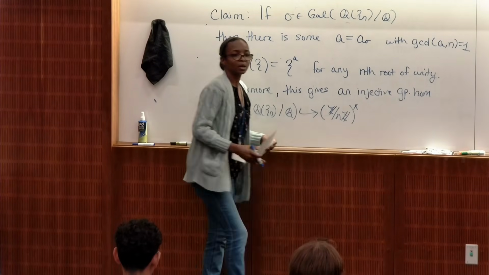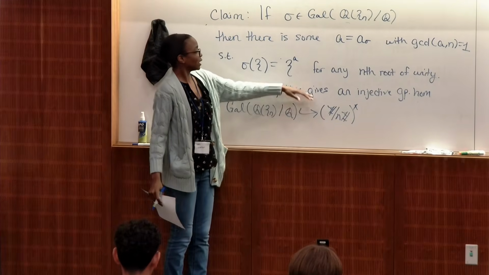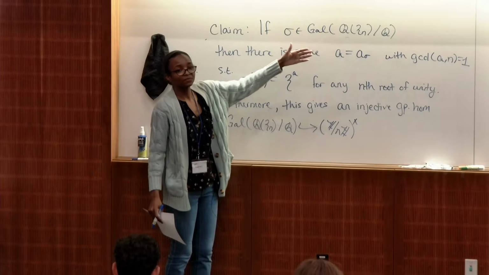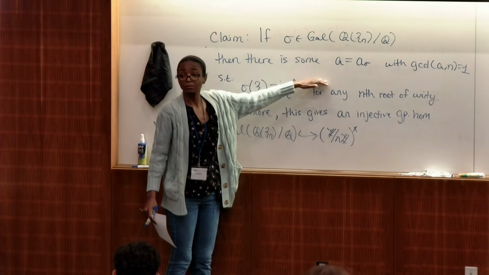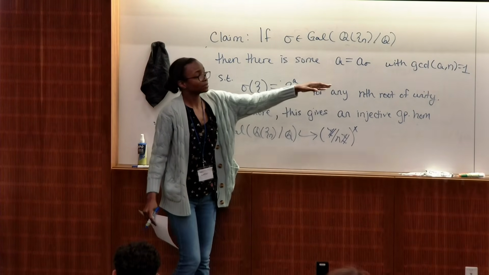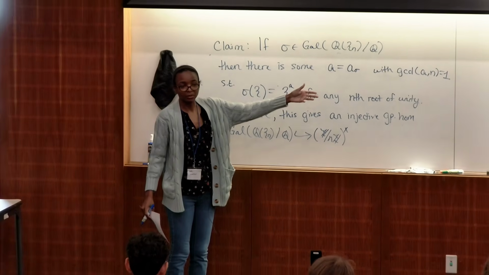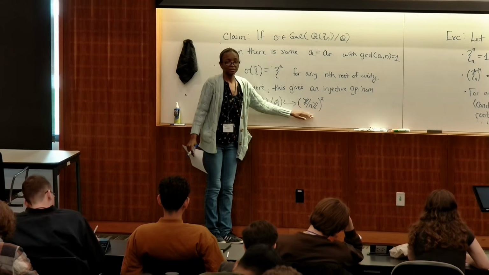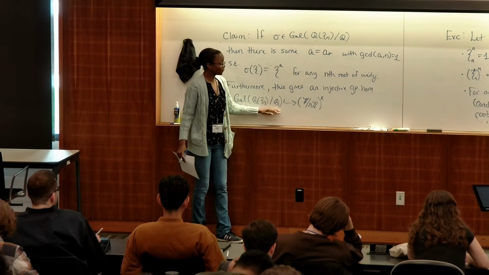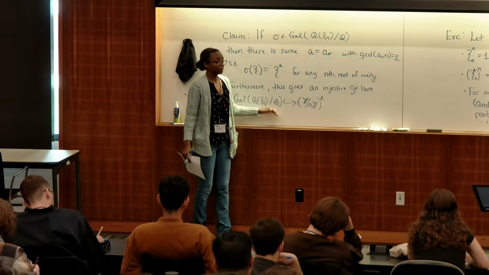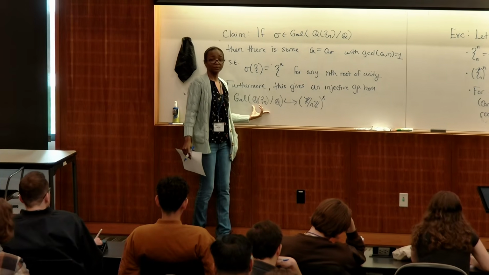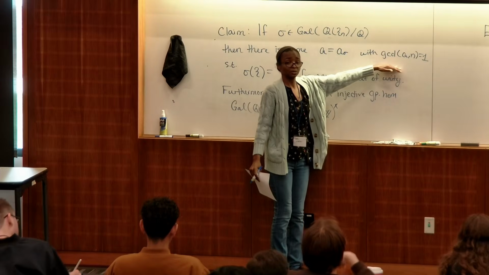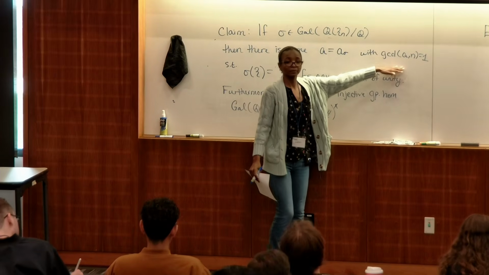I was going to ask you, if I'm describing the things that are relatively prime to n, first convince yourself that I really only care about these powers modulo n, right? If I took i and raised it to the 6th power, I might as well have just raised it to the 2nd power. It's no different, okay? But my claim is that this is giving us an injective homomorphism from the Galois group of the nth cyclotomic field to the units of Z mod nZ, because that is what this condition is about, okay?